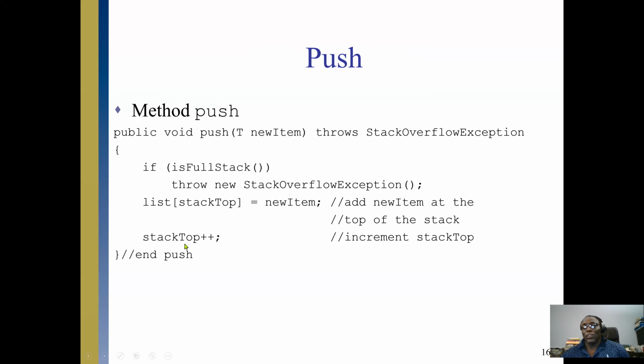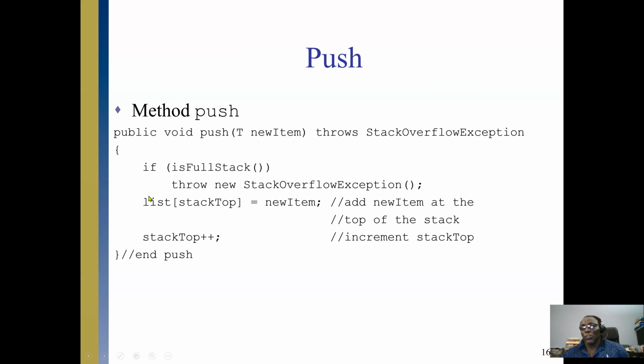So it's 3 steps. First, let's check. We call the full stack method to check if there's a space. If there's no space, then we throw the stack overflow exception, and that's it. If there's a space, then we are going to skip this statement. Then we move to the next statement, which means we are assigning a new item to the stack top. Then we increment the stack top.